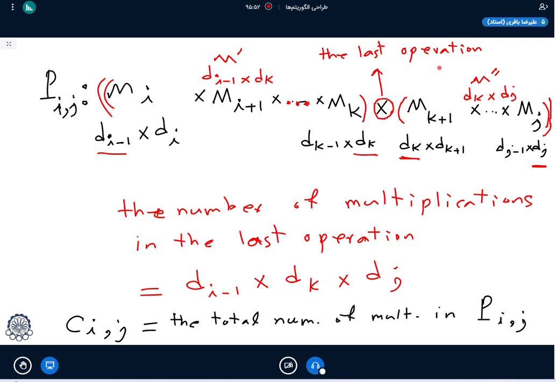So what we can do is to consider all the options. The last operation may be between Mk and M_{k+1}, or maybe between Mi and M_{i+1}, or any of these operations. So we can consider all the possibilities, and between these possibilities select the best one.